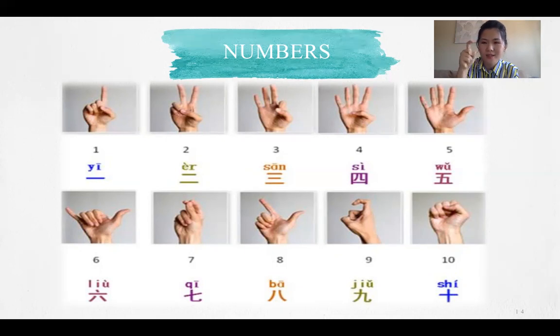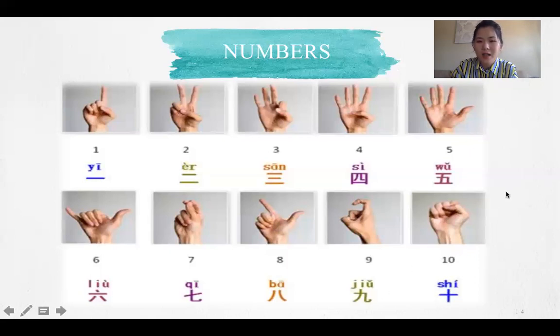Which one is it? 9. Good job. Next one, 8, right? And the next one is like you get some cheese: 7. And the last one is a fist. You curl your tongue and say 10. Okay, good job. So this is from 1 to 10.